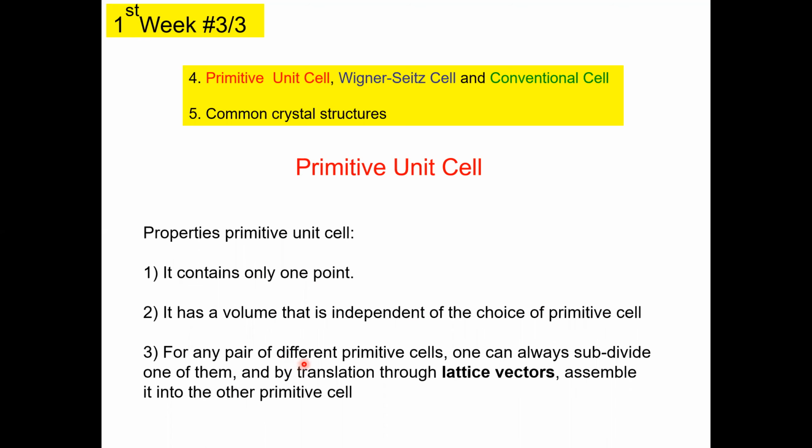For any pair of different primitive cells, one can always subdivide one of them and, by translation through lattice vectors, assemble it into the other primitive cell. So the volume is independent of the choice of primitive cell. We'll show you in a minute.